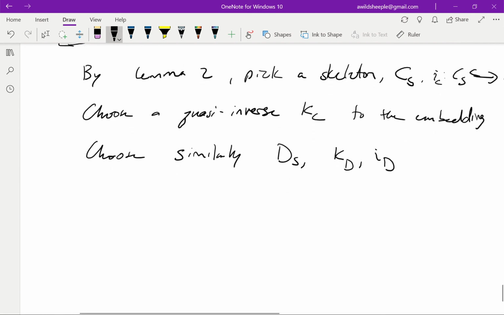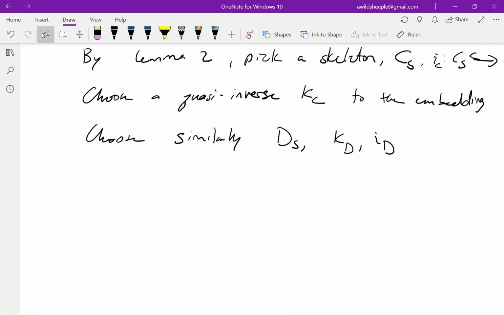Now let's consider what happens with the composition where we're just going to go around a commutative box, and I'll draw you a diagram to show what's going on in a sec. And then F, and then KD. So what's going on here?